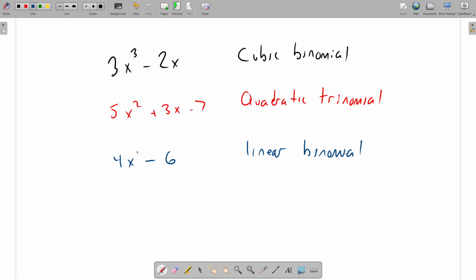The next episode in the quadratic series is going to be talking about multiplying polynomials. We're specifically going to be talking about the foiling method for multiplying polynomials.